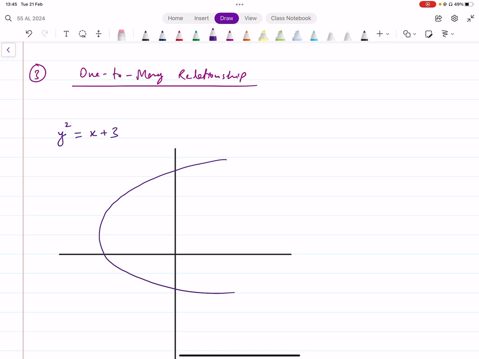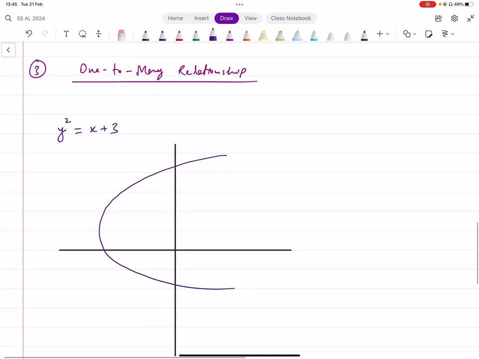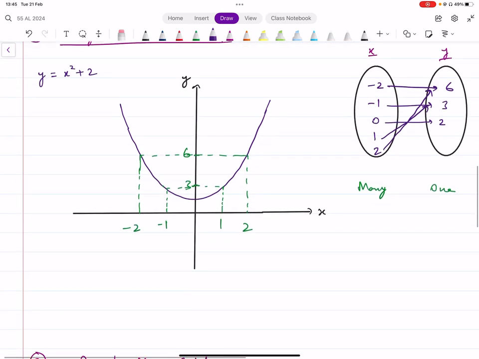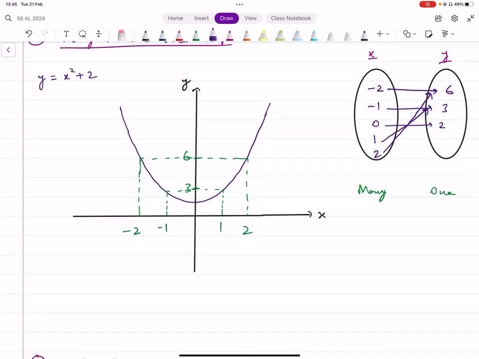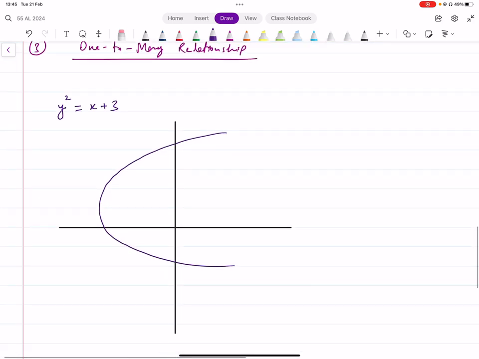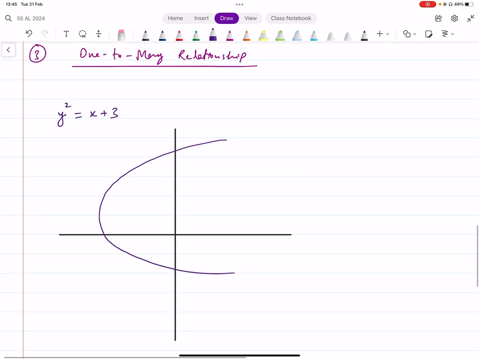Not rotating. It's a reflection in the line y equals x. It's kind of the inverse of that, right? Because you're taking square root here, interchanging the variables. This is how the graph of this function looks.